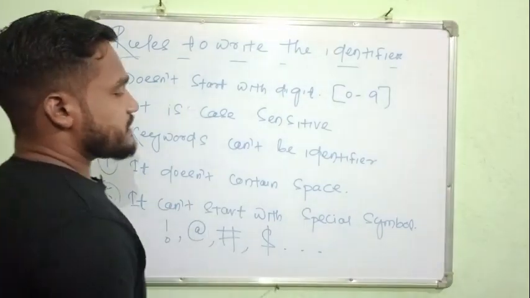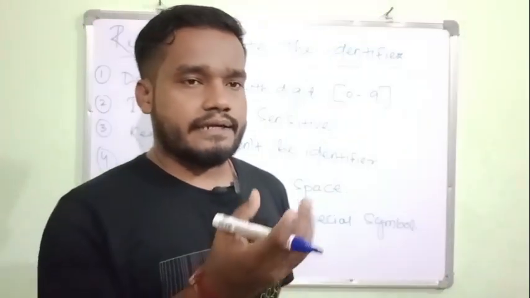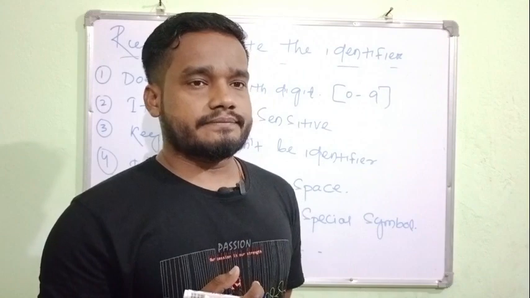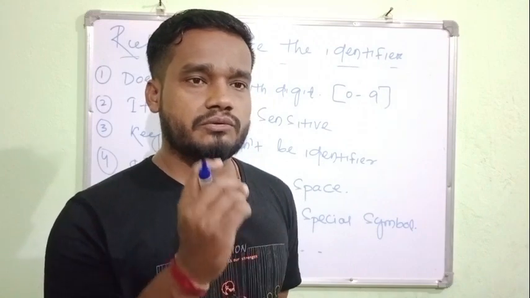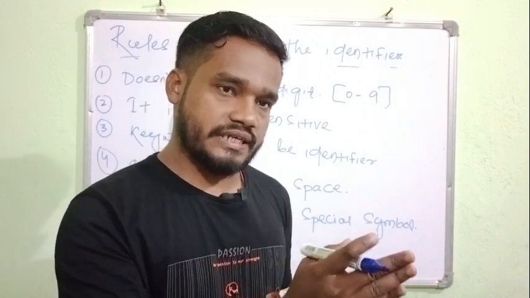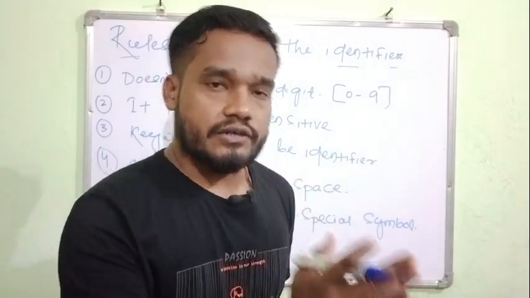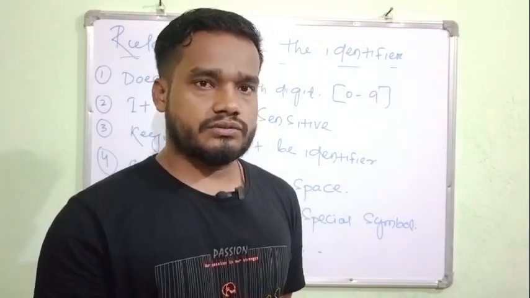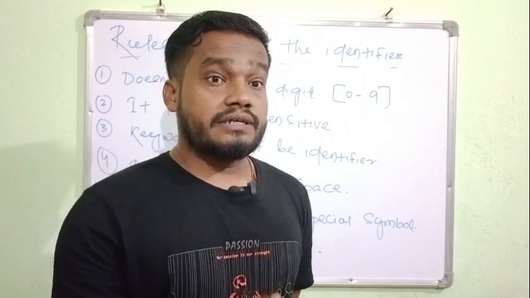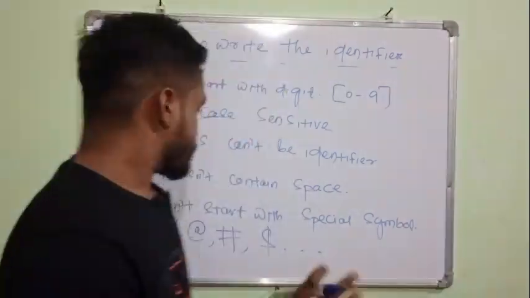It doesn't contain space. If we want to write a identifier name, then we must have to use uppercase, lowercase, underscore also used in identifier, but it doesn't contain space.